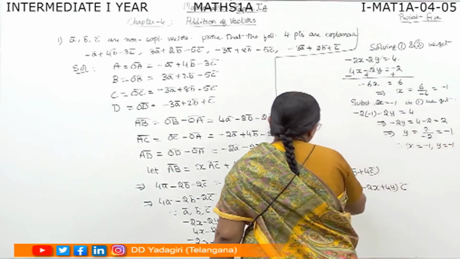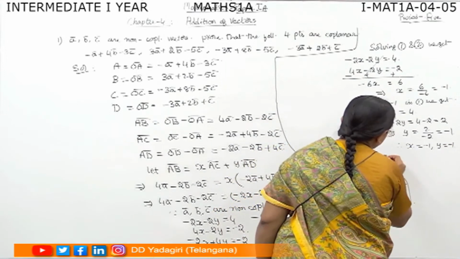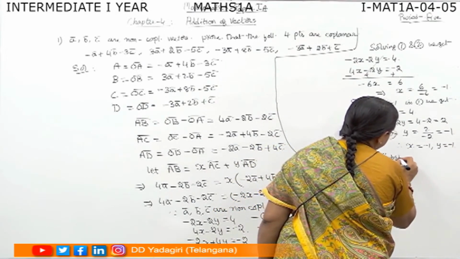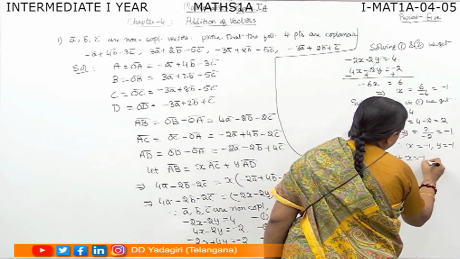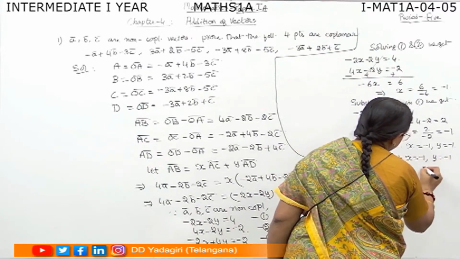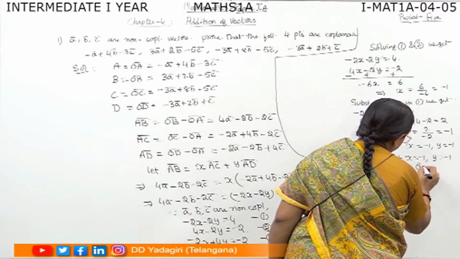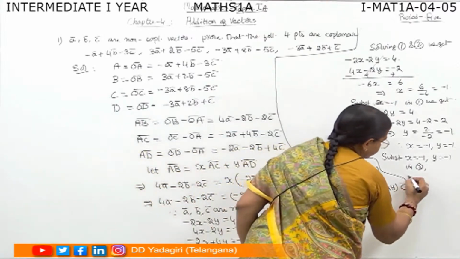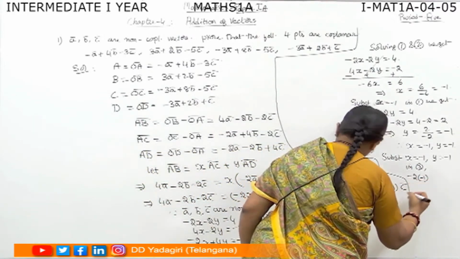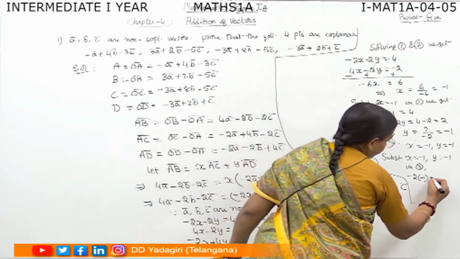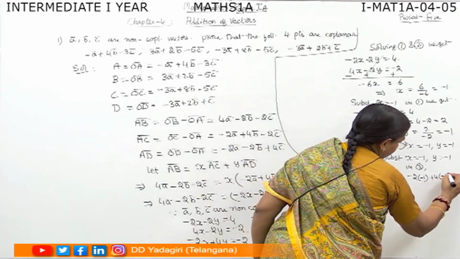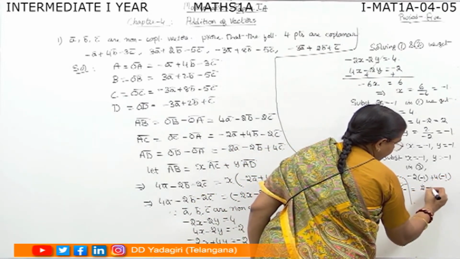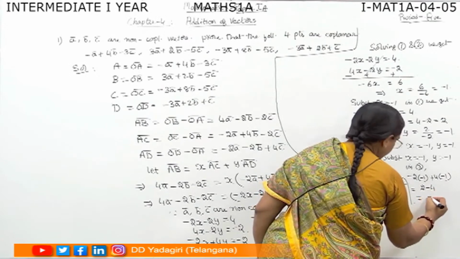Now what you have to do is you must substitute in the third equation. Substituting x is equal to minus 1, y is equal to minus 1 in the third equation we get minus 2 into minus 1 plus 4 into minus 1. What is it? 2 minus 4, that is minus 2.